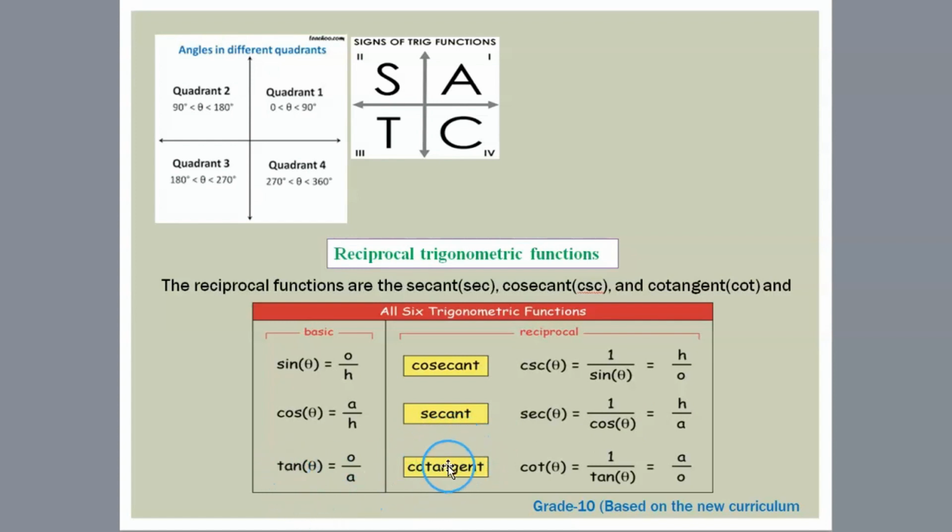Therefore cotangent is 1 over tan. Therefore cot theta is equal to 1 over tan theta. Tan theta we know is opposite over adjacent. So when inverted, cot theta is equal to adjacent over opposite.